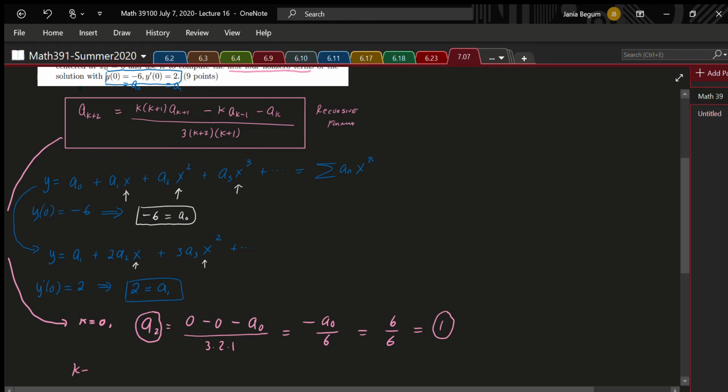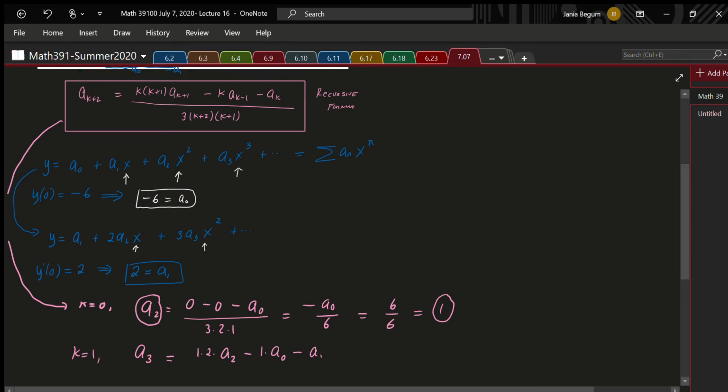K equals 1. So I'm going to have A sub 3. So let's plug in k equals 1. So we have 1 times 2 times A sub k is 1, so that's going to be A sub 2, minus, for the second term on top, we have 1 times A sub 1 minus 1, that's 0, minus A sub 1.